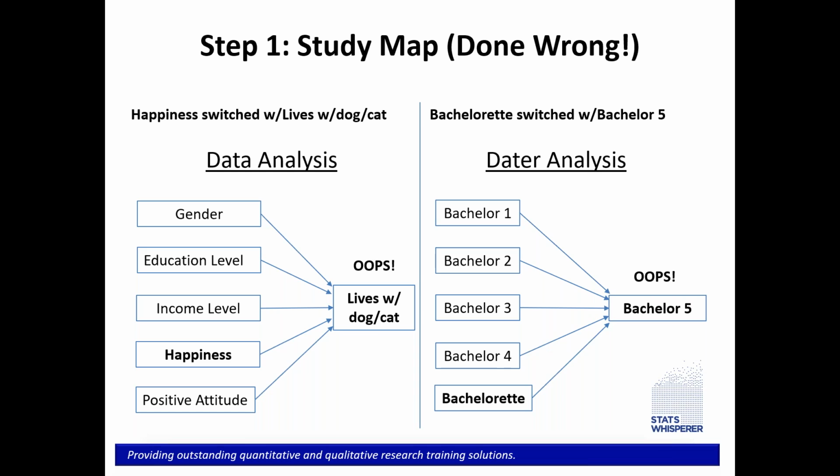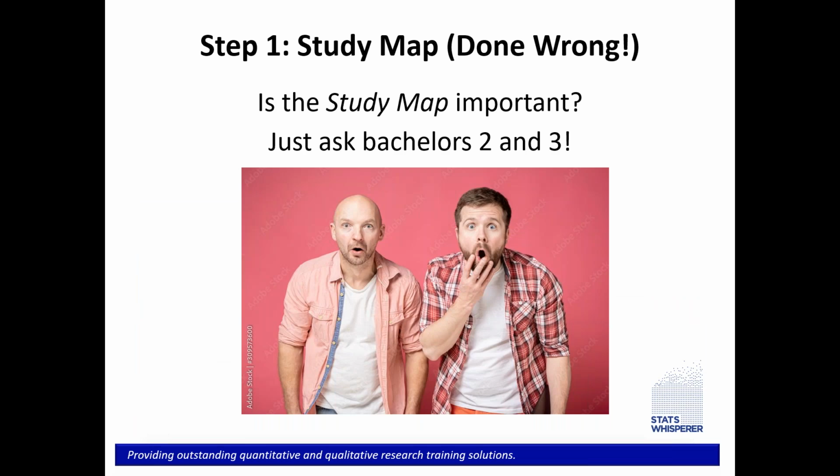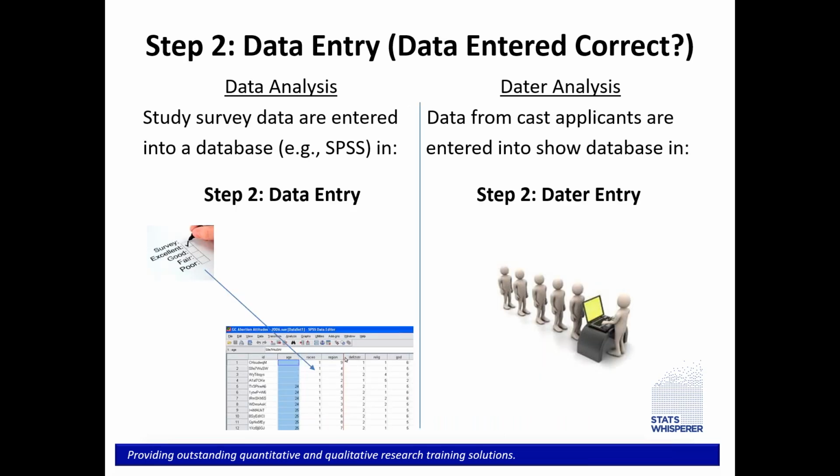And then also for the bachelors, you can see the bachelorette has been switched with bachelor number 5. So the other 4 bachelors are no longer looking at the bachelorette, they're looking at bachelor number 5. Does that cause a little havoc? Well, just ask bachelors 2 and 3. So stick to that study map.